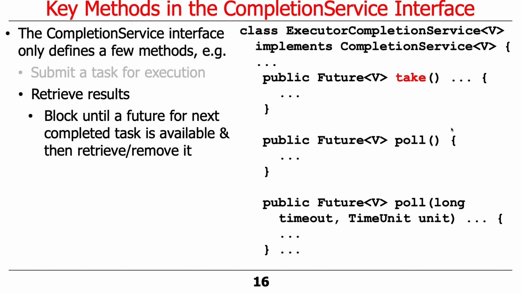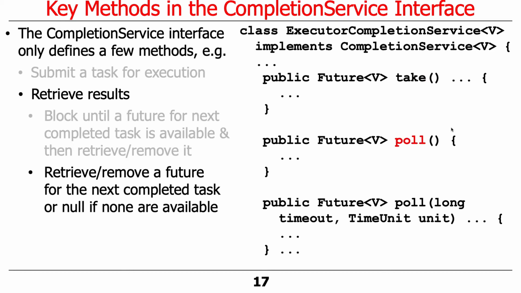The take method blocks for the next completed task, and that means it could wait if there's nothing in the queue. And when there is something in the queue, it's going to go ahead and retrieve it and remove it from the queue. And not surprisingly, under the hood, this is going to use things like reentrant lock and condition object that we talked about in previous discussions. The poll method with no parameters will check to see if there is a result, and if so, it'll return it right away.